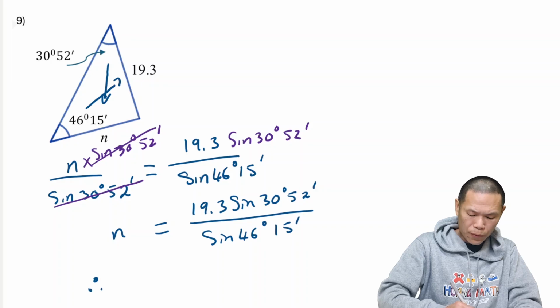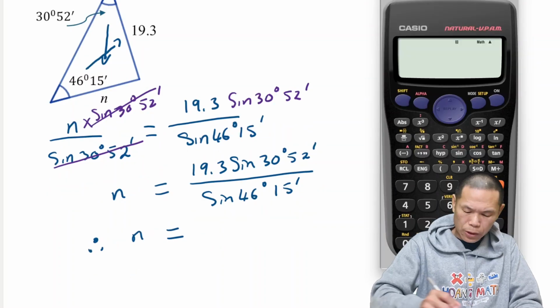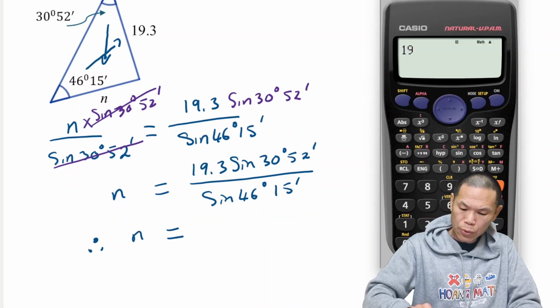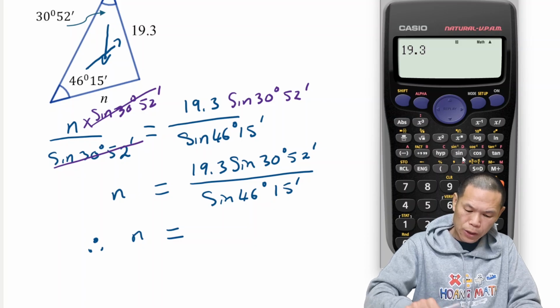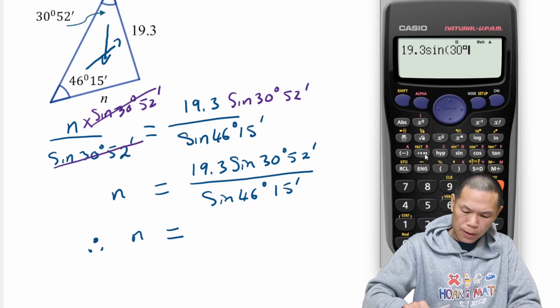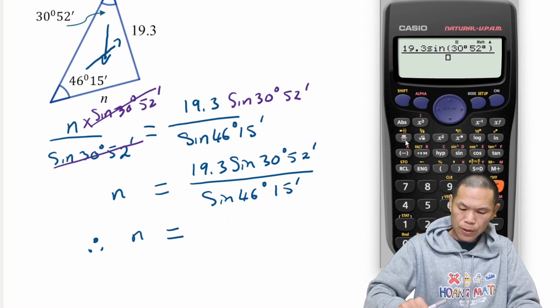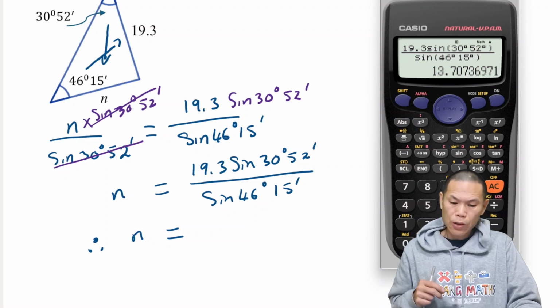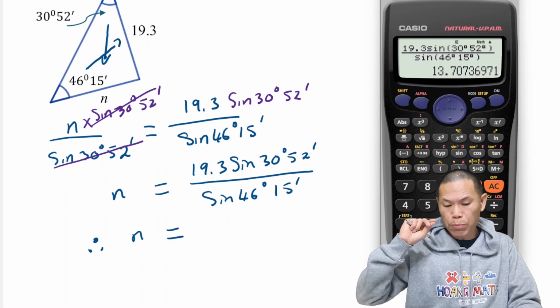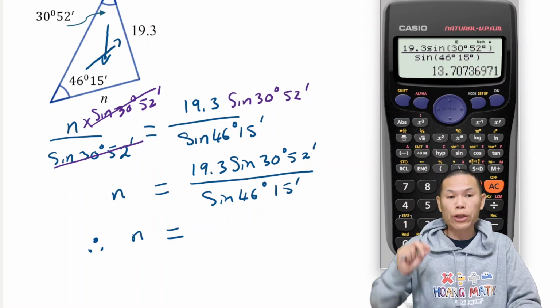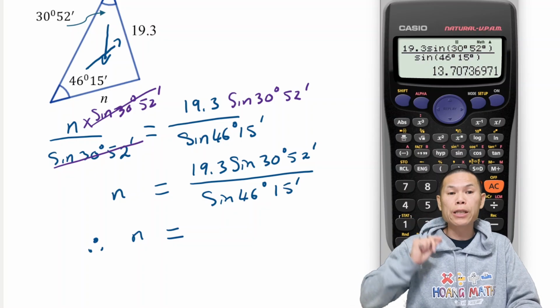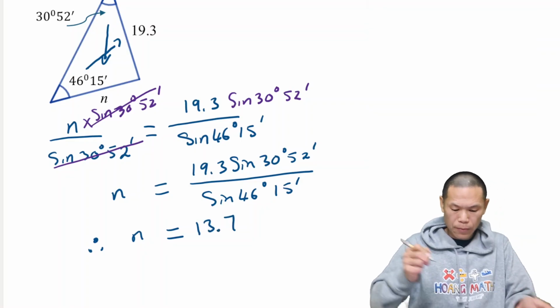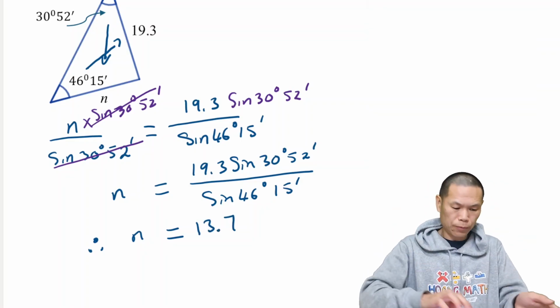So I just go 19.3 sine 30 degrees 52 minutes over sine of 46 degrees 15 minutes. So there you go, 13.707 and so on, correct to one decimal place, 13.7. There you go.